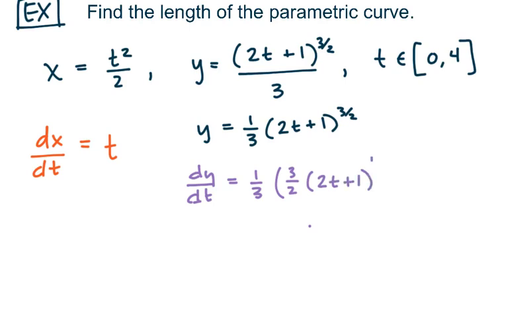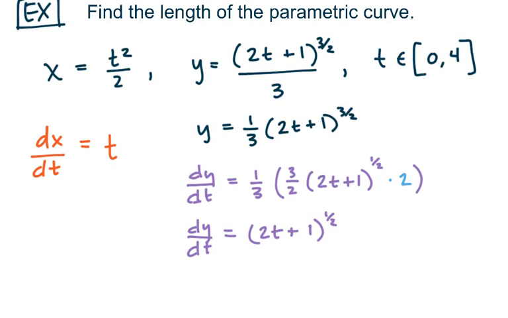Subtract 1 from that power gives us 1/2. But remember, chain rule with the derivatives, we need to multiply by the derivative of the inside, which would be times 2. So this simplifies, and dy/dt, the 3's cancel, the 2's cancel, and I end up with just (2t plus 1) to that 1/2.